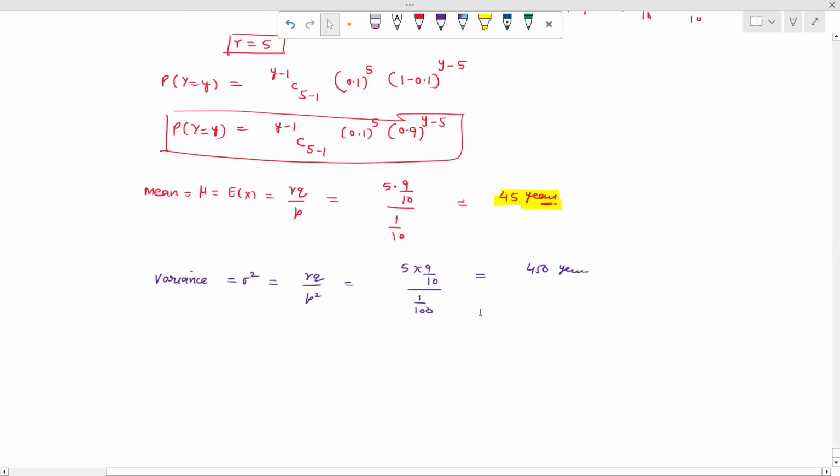So here the mean is less than the variance. Now when we calculate the standard deviation, it is the square root of the variance. So this is equal to the square root of 450, which gives us approximately 21.21 years.